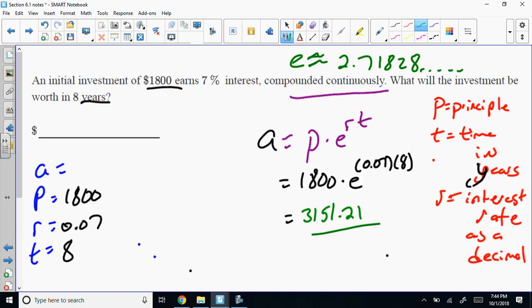Second LN. Yeah, it's in your LN button. You've got to go to E. Make sure you put a parentheses if it's not written up in the exponent. Make sure the 0.07 times 8 is all in parentheses.